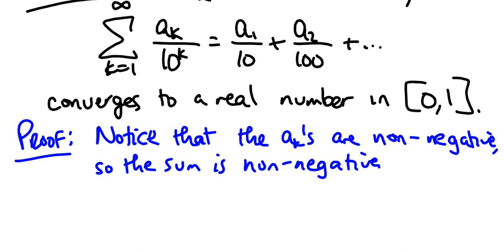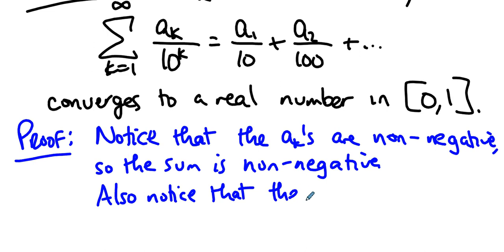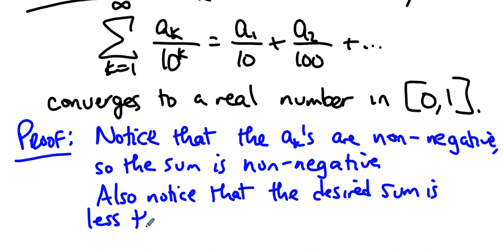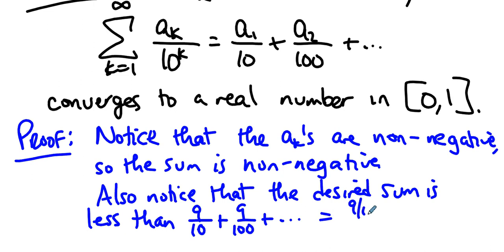Also notice that the desired sum is less than 9/10 plus 9/100 plus and so on. This is 0.99999999999. Well, that's a geometric series that converges to 1.